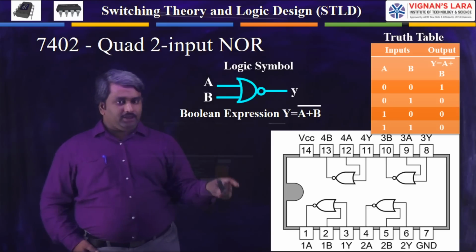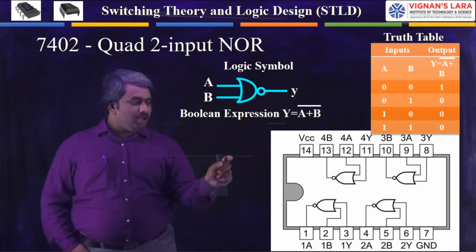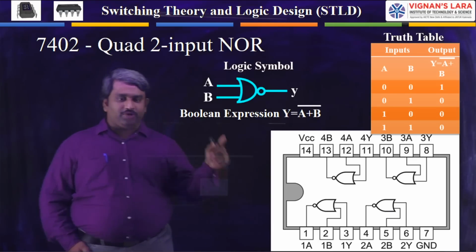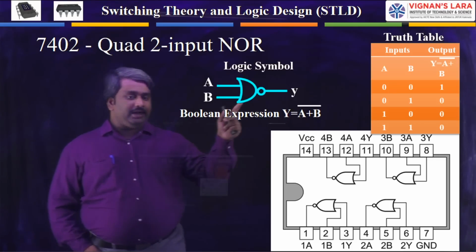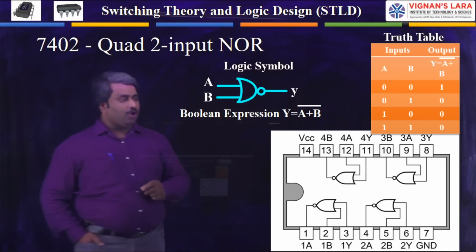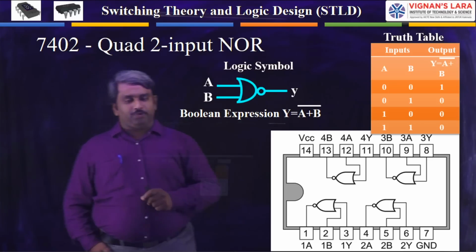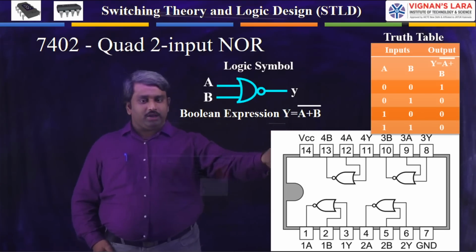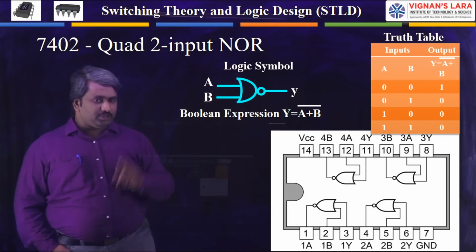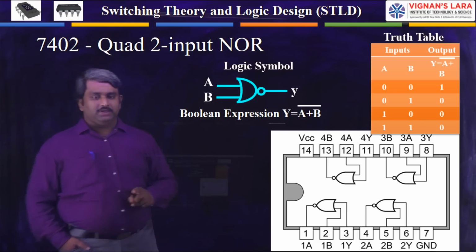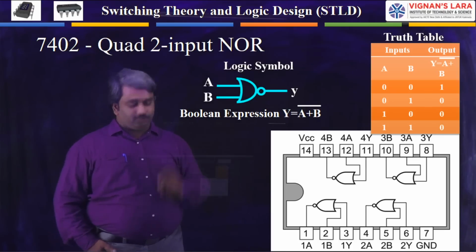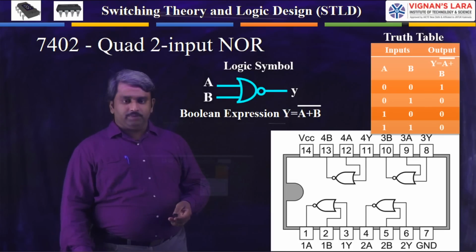For the NOR gate, we have a different configuration. 1 is the output, 2 and 3 are the inputs, 4 is the output, and 5 and 6 are the inputs. 8 and 9 are the inputs for the third NOR gate, and 10 is the output for the third NOR gate. 11 and 12 are the inputs for the fourth NOR gate, 13 is the output for the fourth NOR gate, and the 14th pin is the VCC. Okay, next.